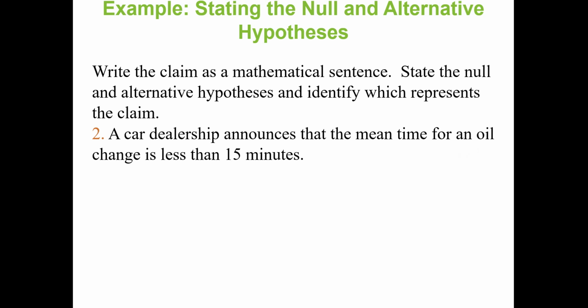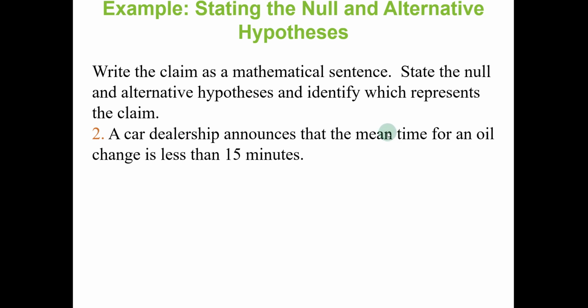Now, let's take another example. A car dealership announces that the mean time for an oil change is less than 15 minutes. Here you have a claim about a population parameter and it says it's less than 15 minutes. In this case, we are using the mean, so the average.